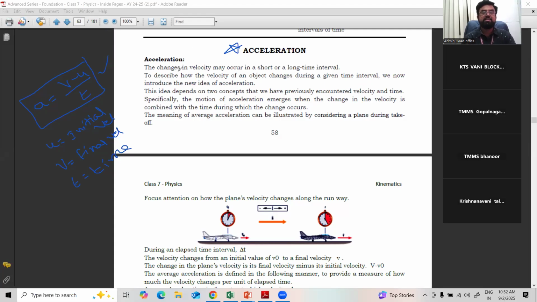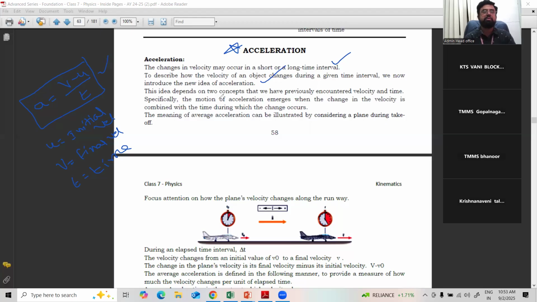The changes in the velocity may occur over short or long time intervals. Sometimes it changes very quickly, sometimes slowly. To describe the velocity of an object changing during a given time interval, we now introduce the new idea of acceleration.